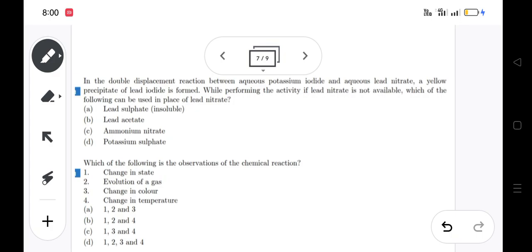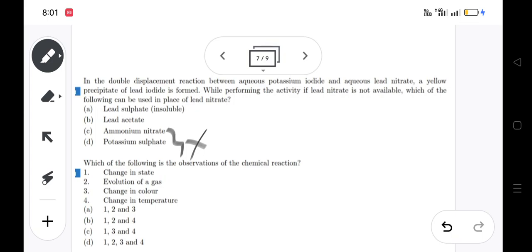Lead sulfate, insoluble, or lead acetate, or ammonium nitrate, or potassium sulfate. See, just imagine potassium iodide and potassium sulfate. Whether we will get lead iodide? No. So the reactant that we take must be a lead salt, isn't it? So ammonium nitrate is also not the answer. Then lead sulfate or lead acetate.